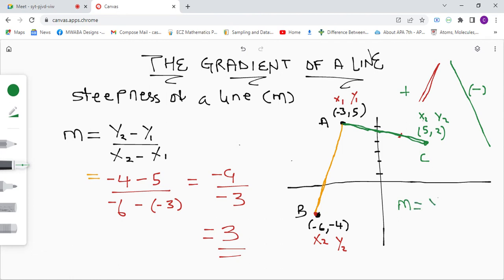M equals y2 minus y1 divided by x2 minus x1.